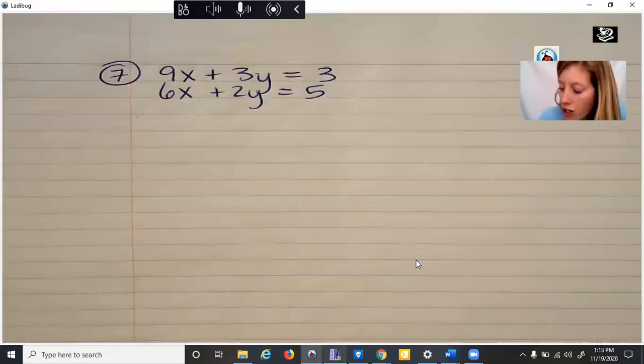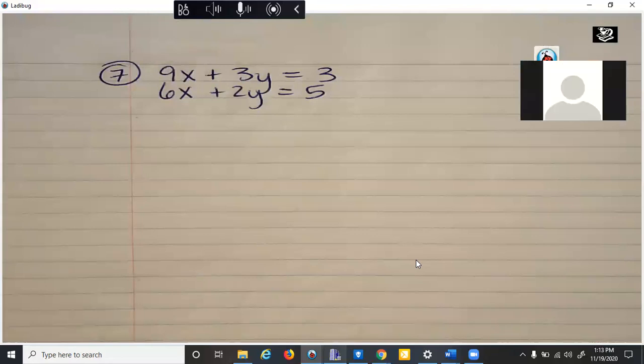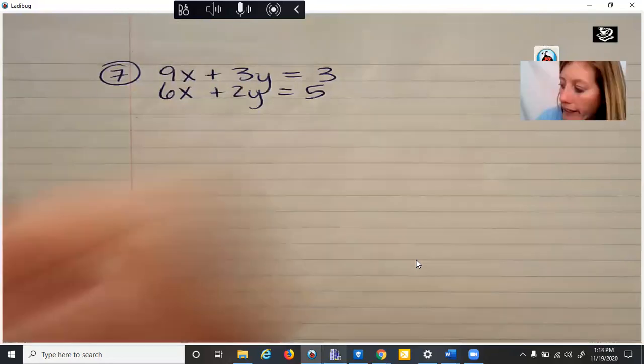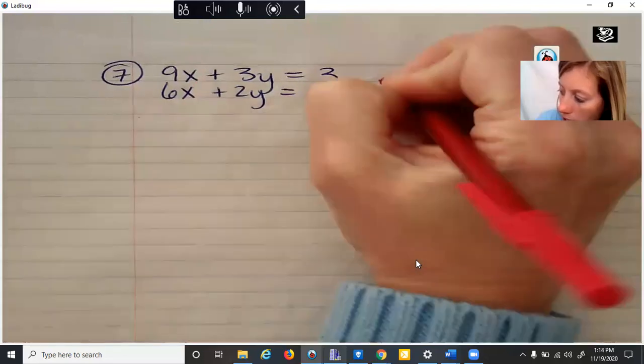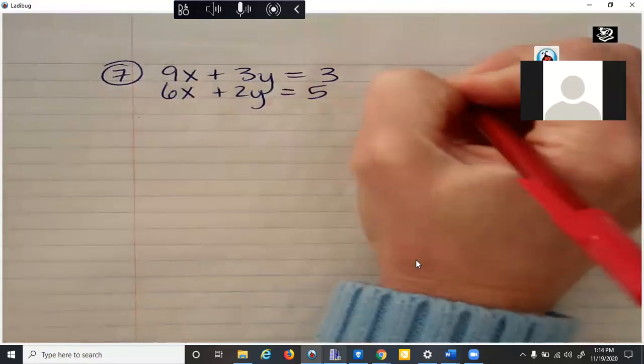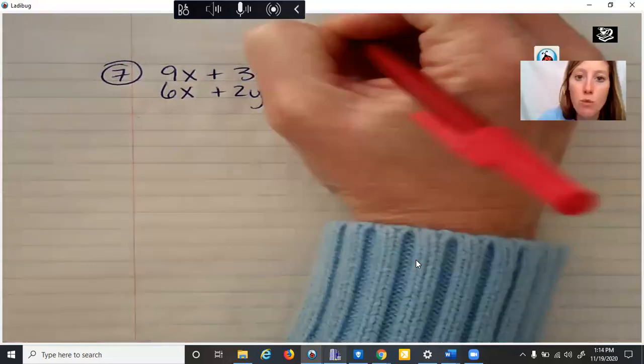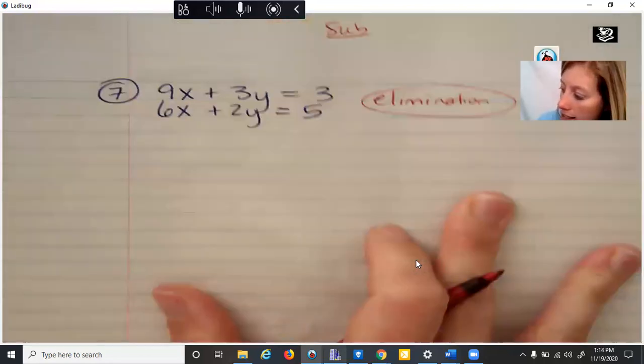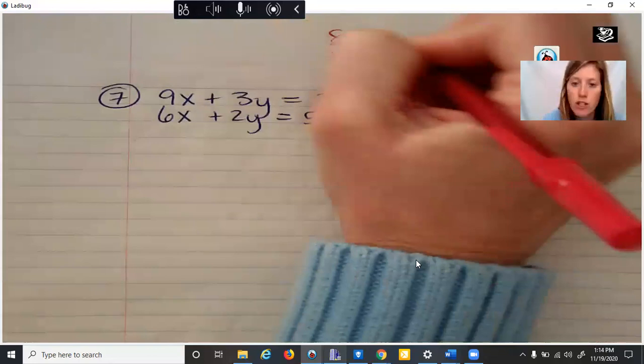Orlando, is this elimination or substitution? Is it substitution? Because there's no y equals or x equals. This one is going to be elimination. Substitution is when one of the equations is x equals or y equals. This one's elimination.